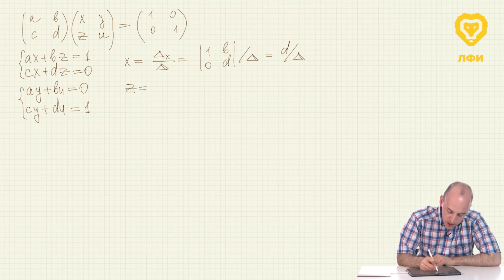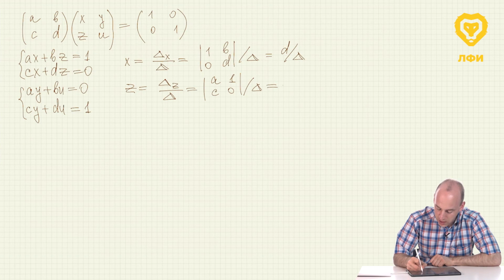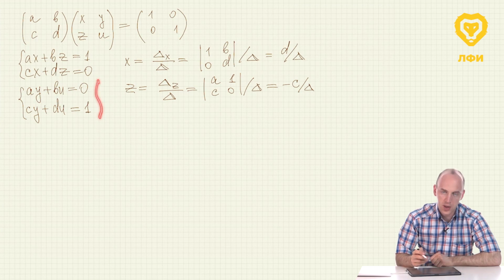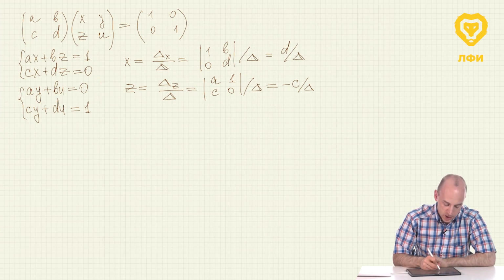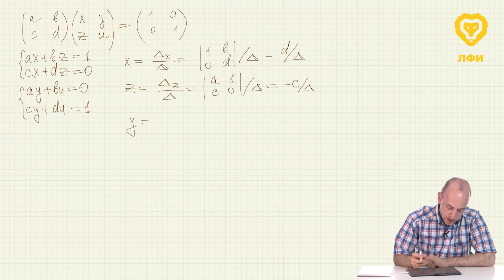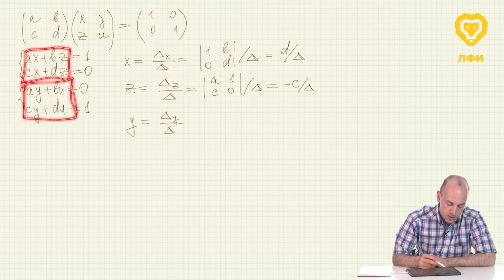After that, z is equal to delta sub z over delta, and we'll get a, c, 1, 0 over delta, and so I'll get minus c over delta. And we do the same with the second system of equations, and it yields that y is equal to delta sub y over delta. And by the way, let's notice that delta for the second system is just the same as for the first one, for we have the same matrix of coefficients on the left.